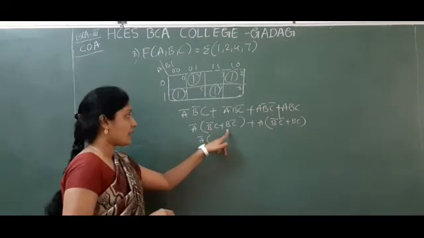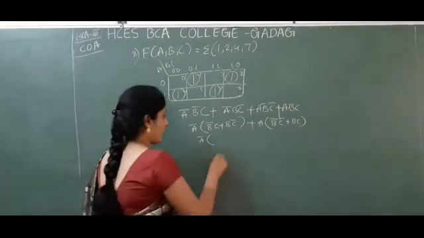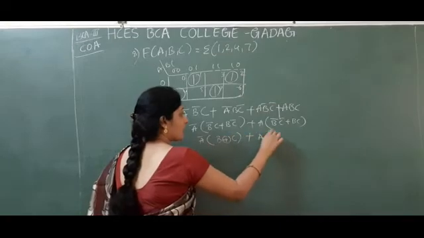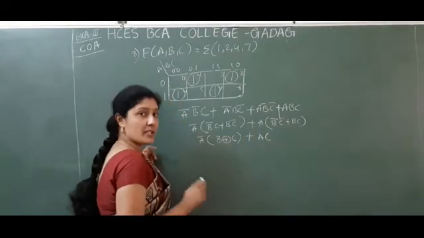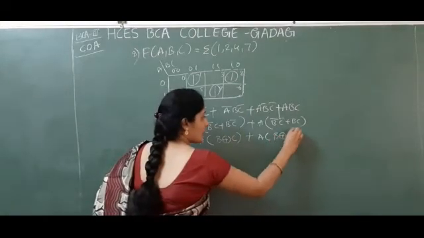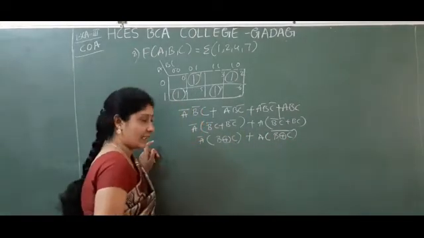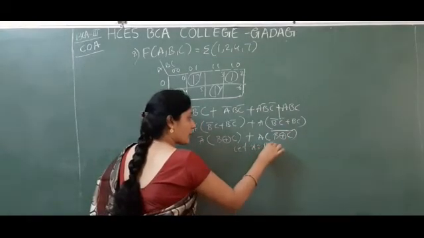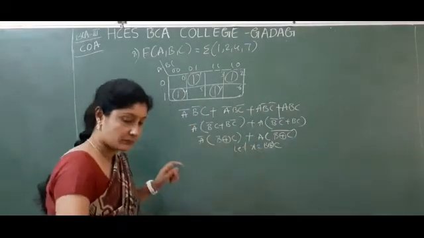This is nothing but B XOR C. Therefore B XOR C plus A into what is this? B bar C bar plus B C means B XOR C. So B XOR C. As usual, let X be equal to B XOR C.